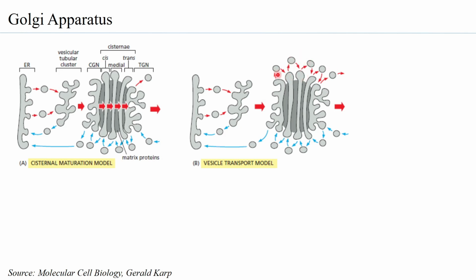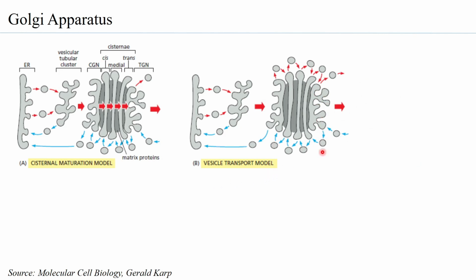That way, exocytosis and endocytosis lead finally to the trans Golgi network having vesicles with specific processed proteins that can be delivered to different destinations. So this is what is called the vesicle transport model.